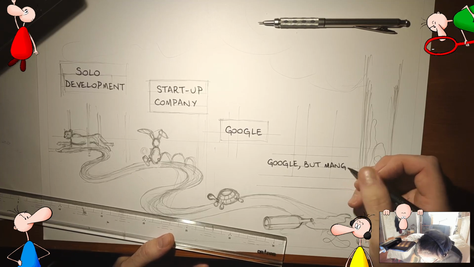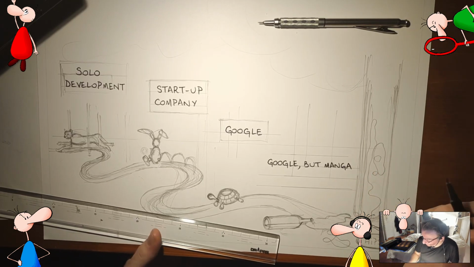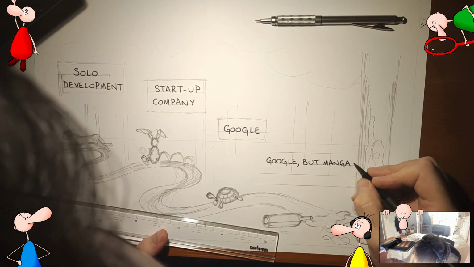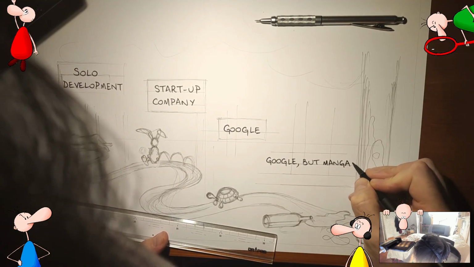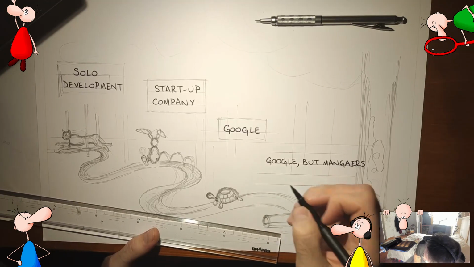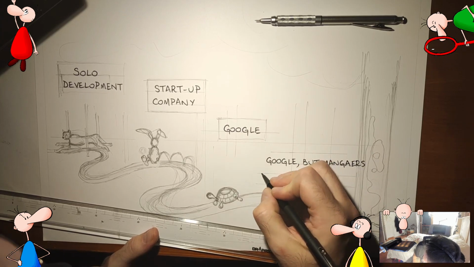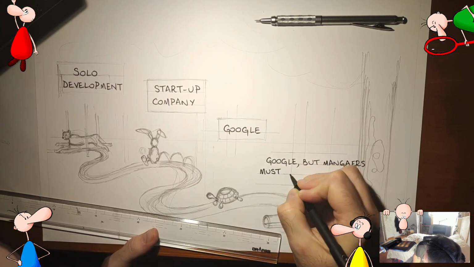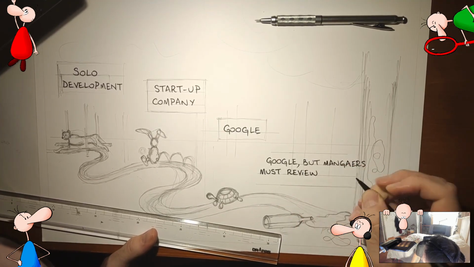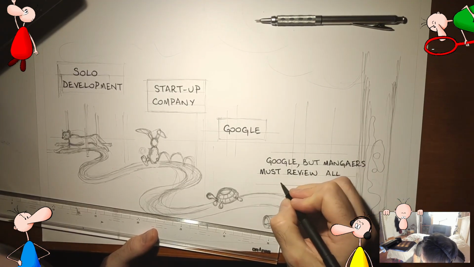That might be why. Manager. I'm gonna add the second A, and then I'll just flip it in post. That's what movie people say, right? We'll fix it in post. But managers review all code changes. Must review. All code changes.